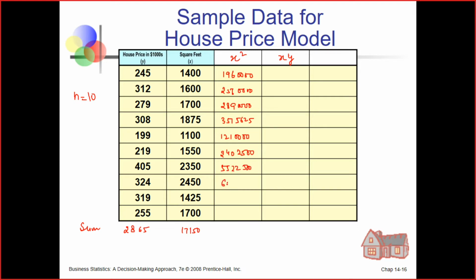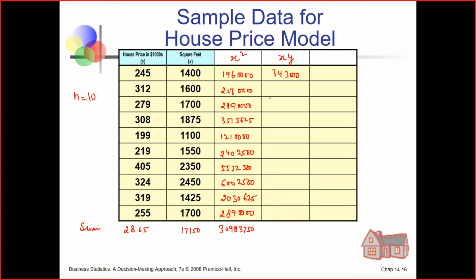And we have 62500, 2030625, and finally 2890000. So these are the square values of x and we'll add them. So we'll get 30983750.